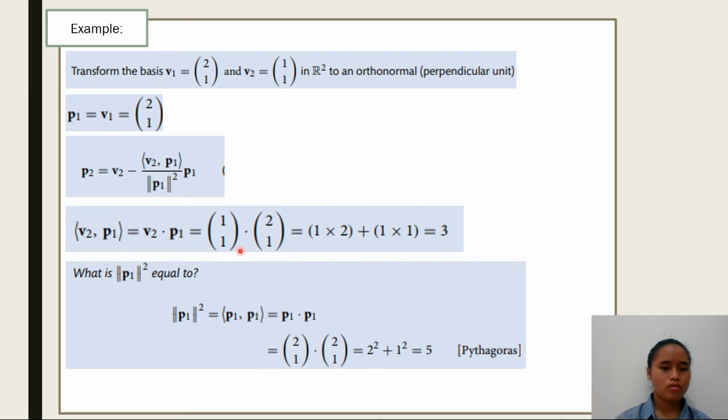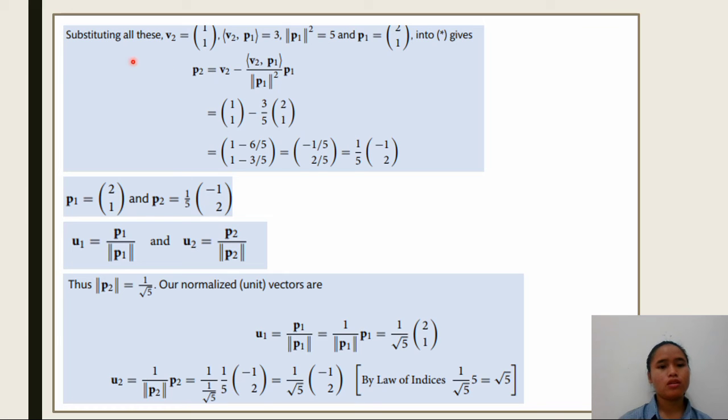So let P1 squared equal to, we use the Pythagoras formula, and then we substitute V2 and P1 into the formula. So from the formula we get P1 and P2.